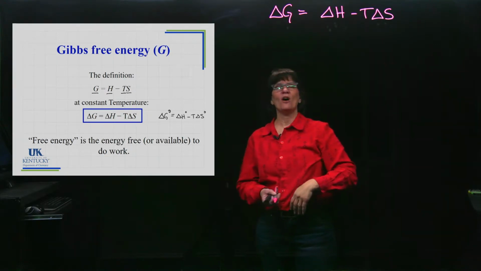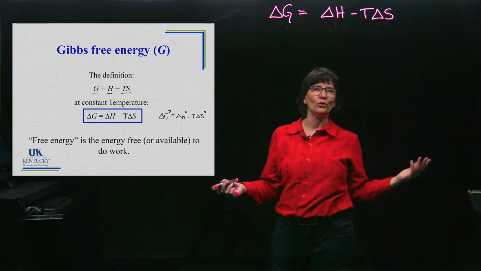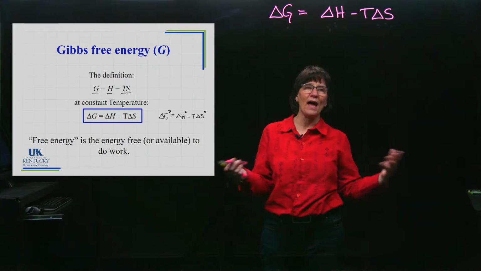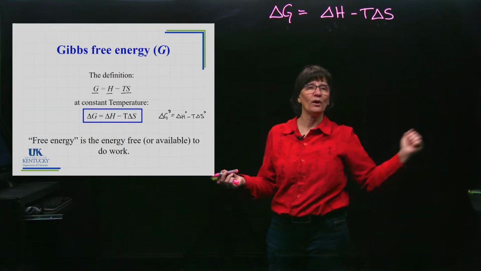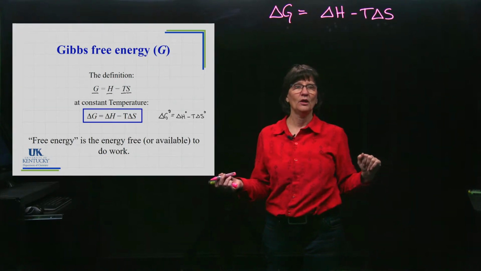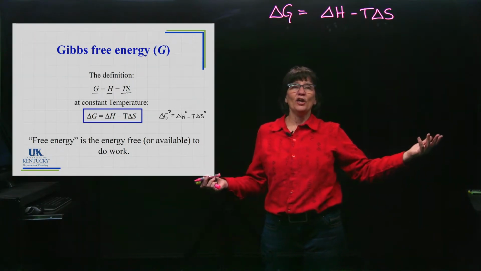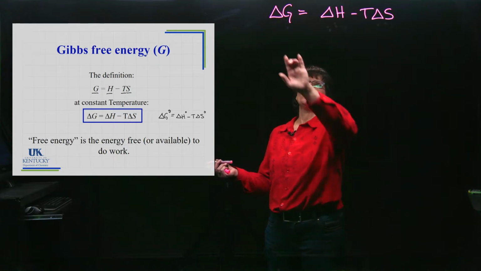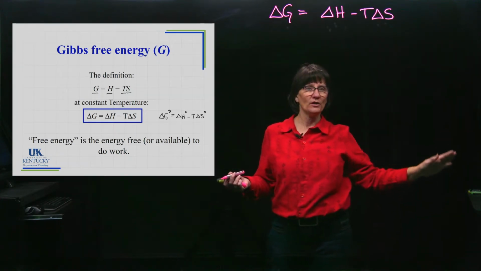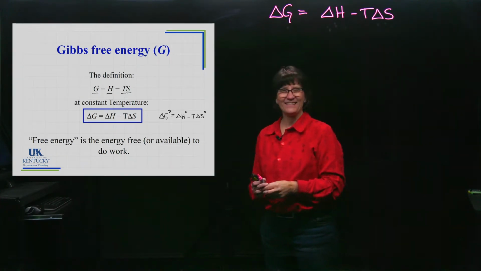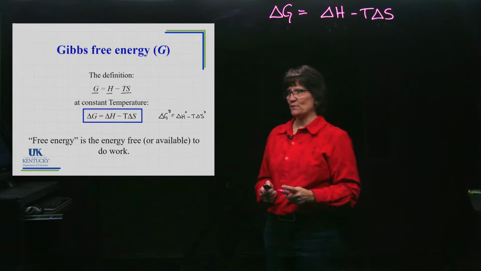Just because something gives off 5,000 kilojoules doesn't mean you can use all 5,000 kilojoules to do a process, to do something else, to heat a home or what have you. It might give off all that energy, but only some of it is free to do what you want it to do, and that's where it gets its name as free energy or Gibbs free energy.